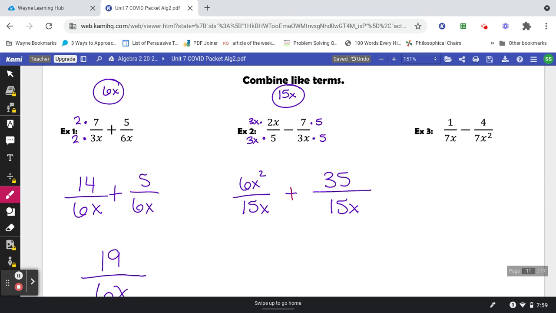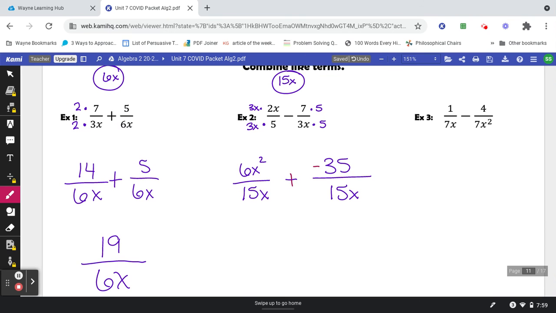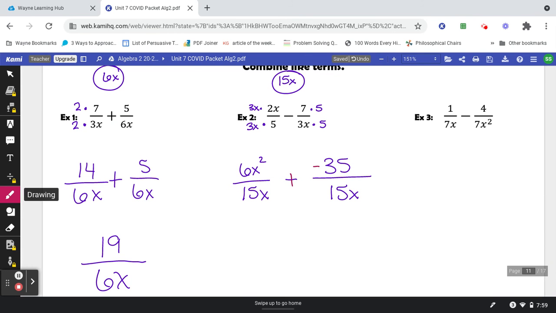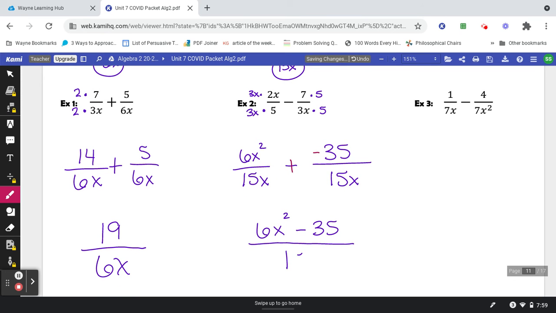I'm going to change this minus to a plus and make that 35 a negative. Then I combine like terms across the top. However, I don't have any like terms, so I'll just leave it as 6x squared plus negative 35. Or if you want, you can change it back to a minus 35 over your common denominator of 15x.